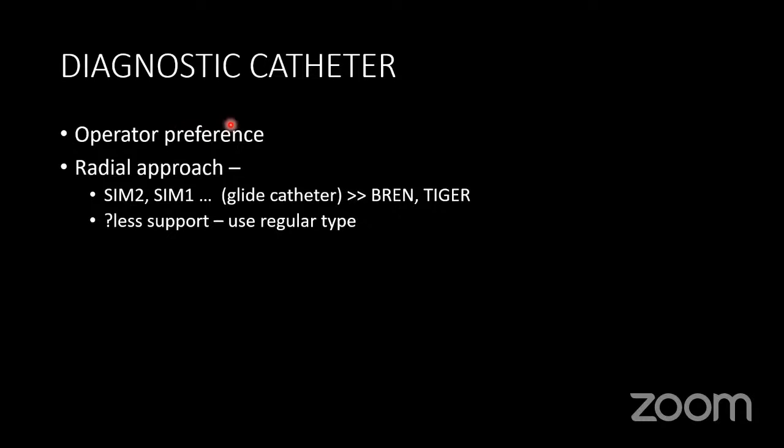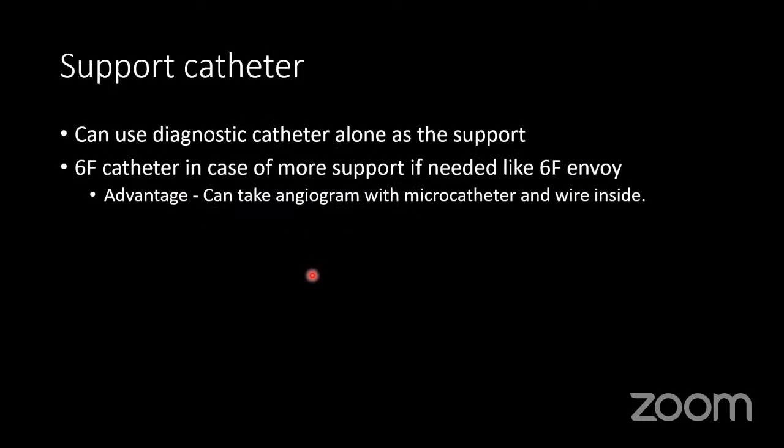Diagnostic catheter for femoral approach, any catheter can be used as per operator preference. For radial approach, we can use SIM2 and SIM1 glide catheter. And if the glide catheter has very little support while advancing through the carotid artery, you can use regular SIM catheters.